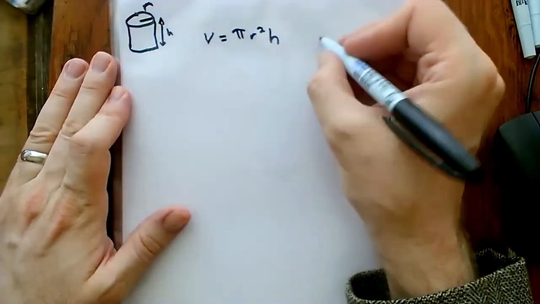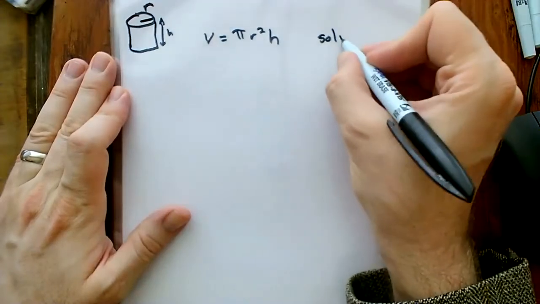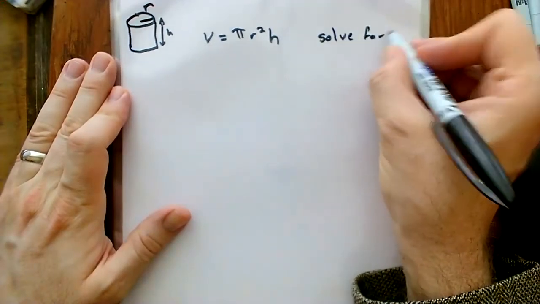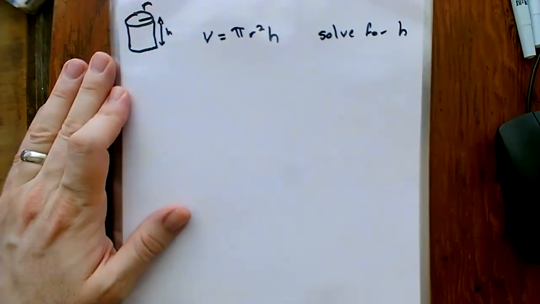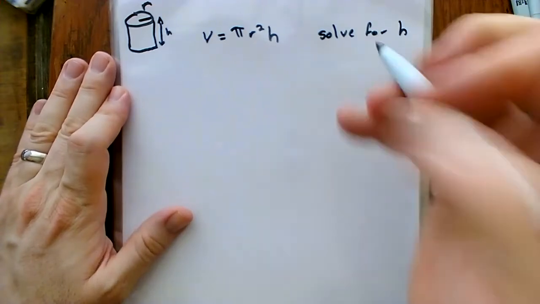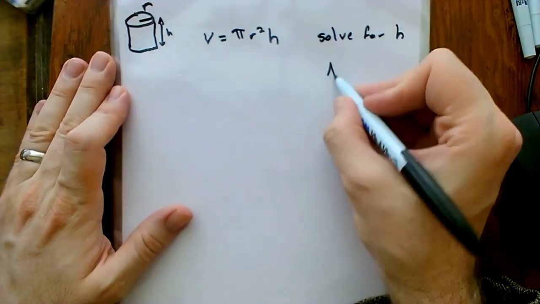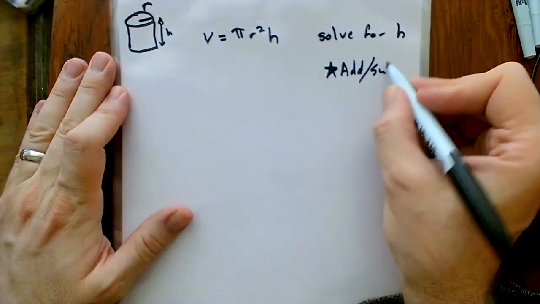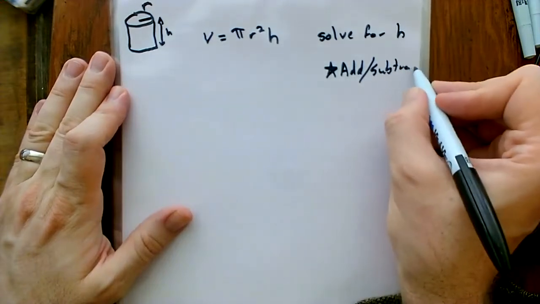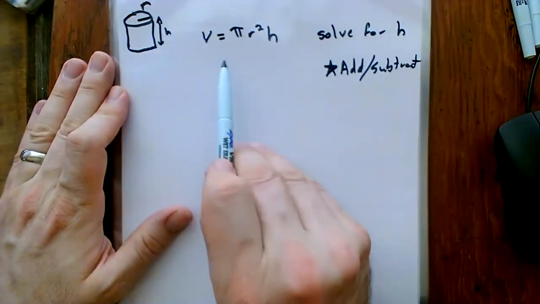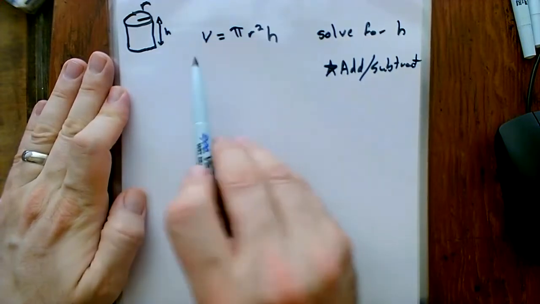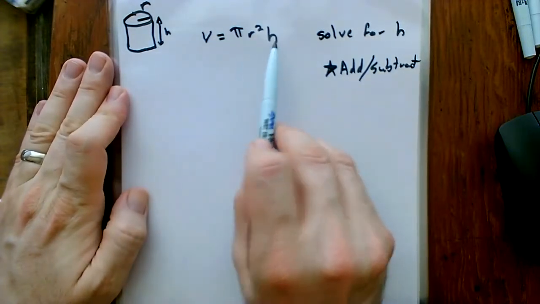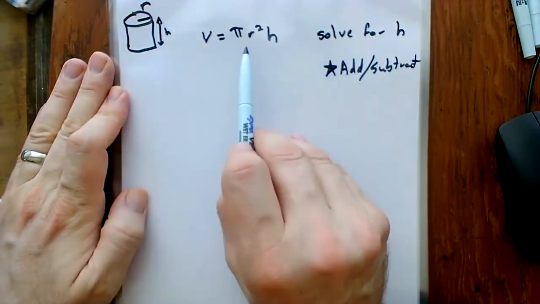Now, say I want to solve this for h. Remember, our first step before was add or subtract, but there's nothing I could subtract from both sides that would make this any different.